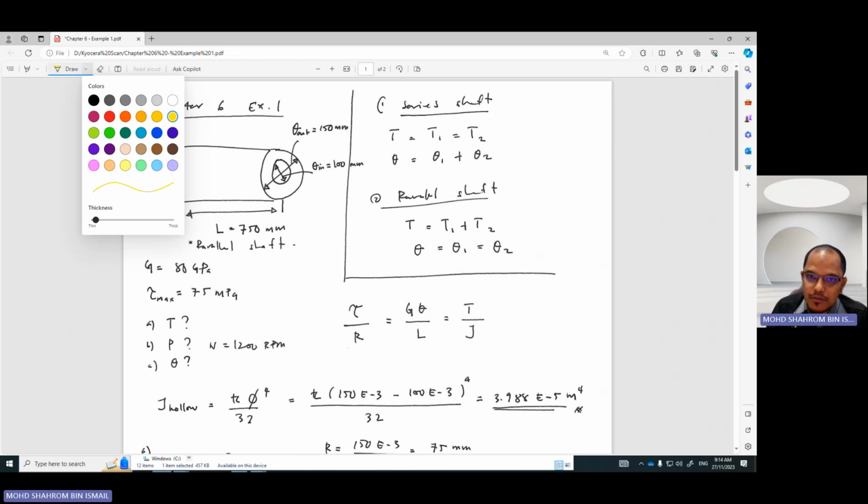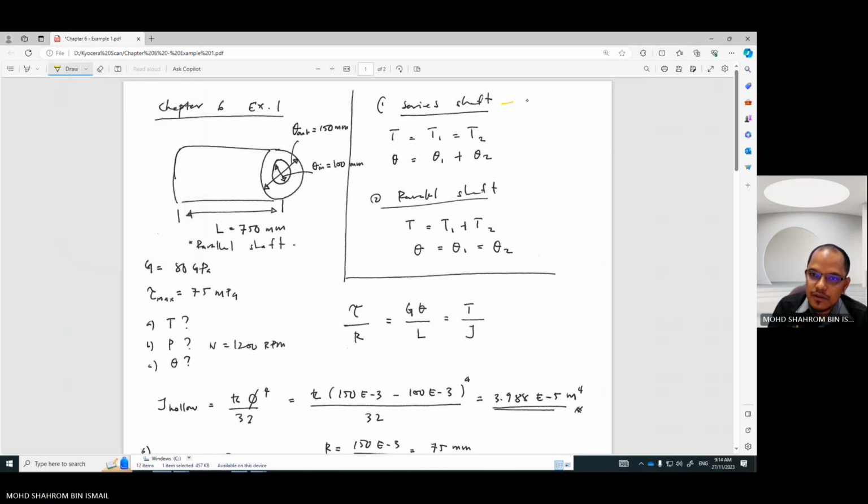Kita pun tahu bahawa shaft ni it can be made in two condition or in two forms. Okey, first kali ialah series shaft. Series shaft ni maksudnya dia berbentuk series.